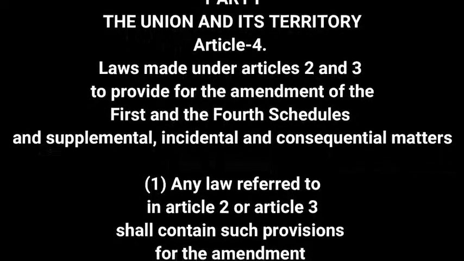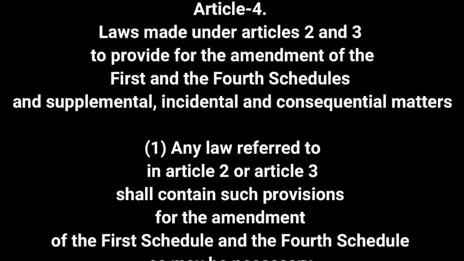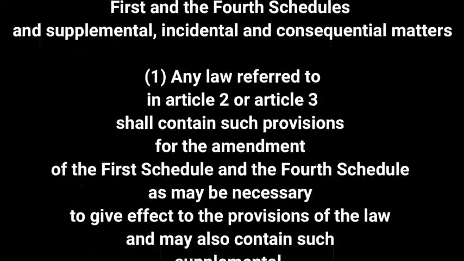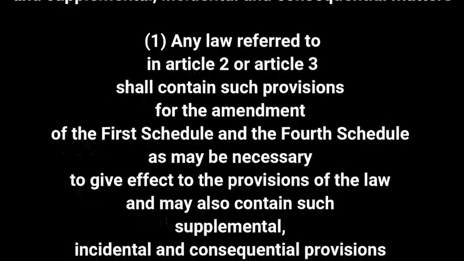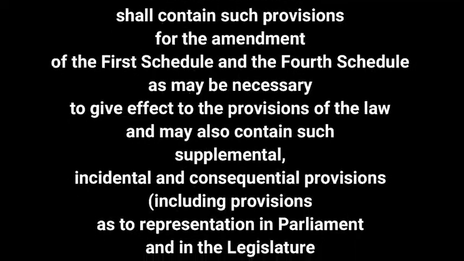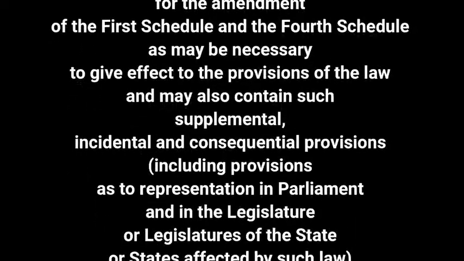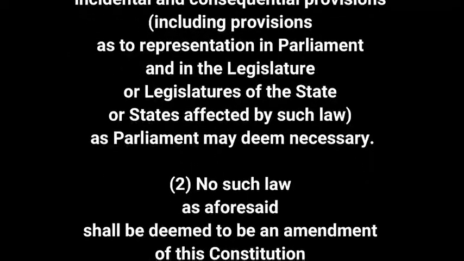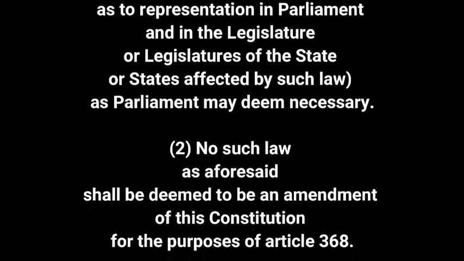Any law referred to in Article 2 or Article 3 shall contain such provisions for the amendment of the First Schedule and the Fourth Schedule as may be necessary to give effect to the provisions of the law, and may also contain such supplemental, incidental and consequential provisions, including provisions as to representation in Parliament and in the legislature or legislatures of the state or states affected by such law, as Parliament may deem necessary.